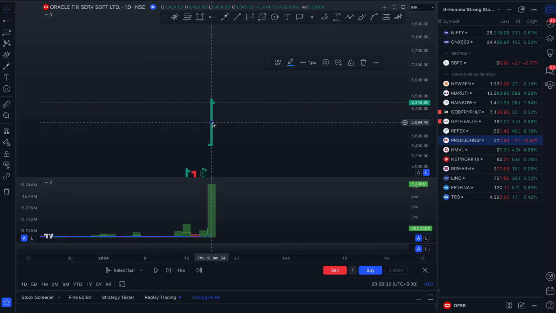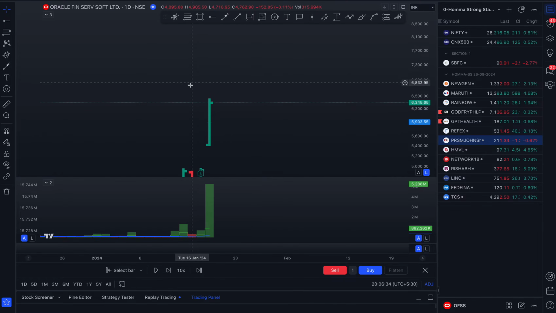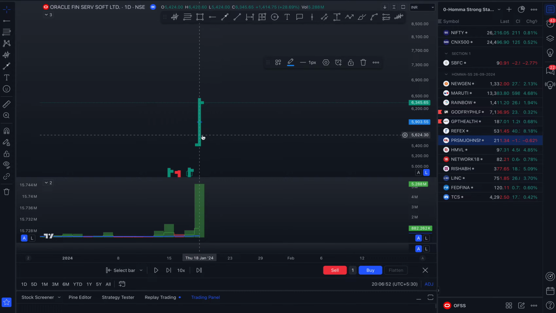At 5,894 or somewhere, it means that the whole day, whatever volumes have been transacted, whatever buying and selling has been done, the average price had been this. For example, 100 trades were done here, 100 trades were done here, 100 trades were done here.